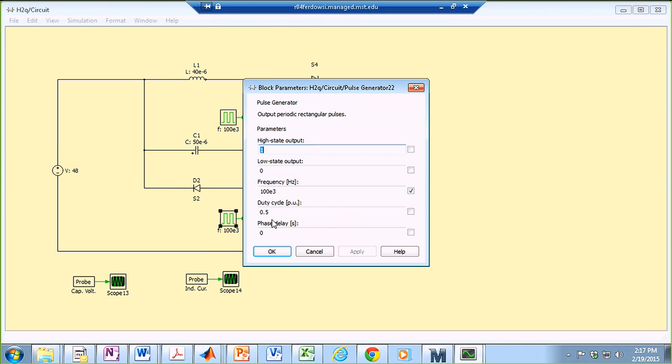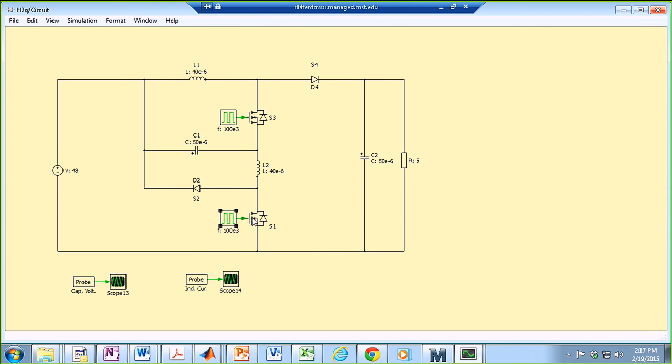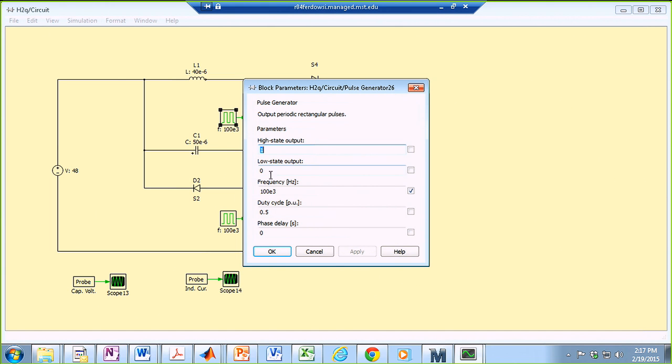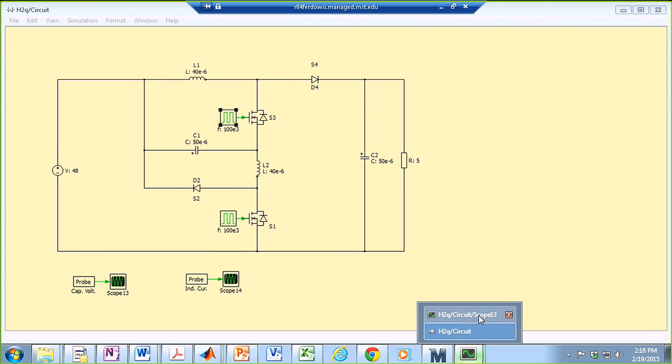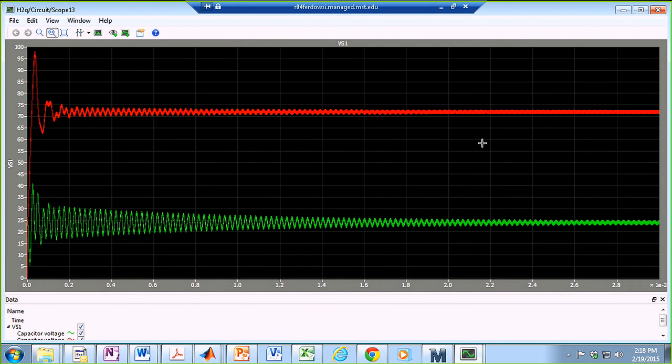I'm trying to compare these results versus the MATLAB-based results, so I'm trying to replicate the same input voltage and the same duty cycles. Frequency 100 kilohertz, duty cycle 0.5. And you run it, and you end up with a waveform like this for the currents.